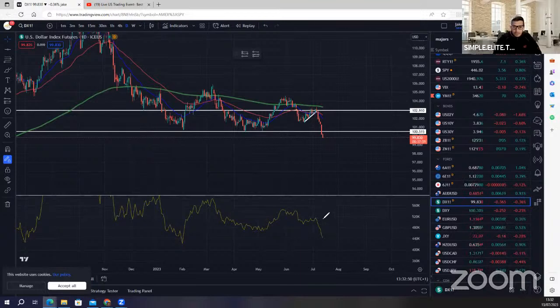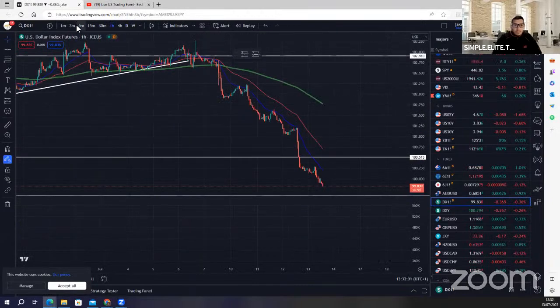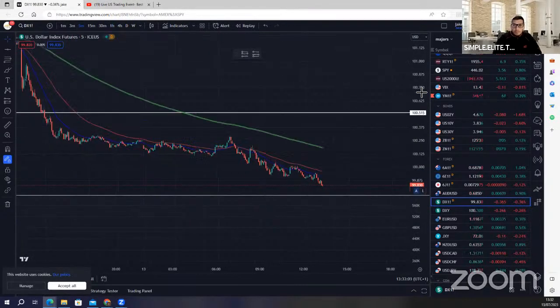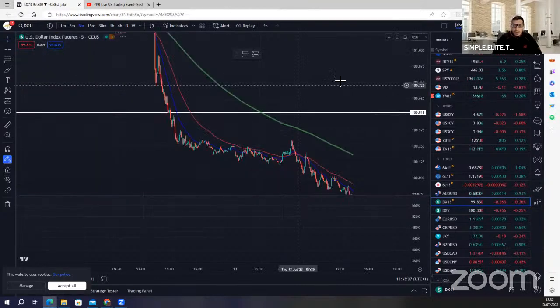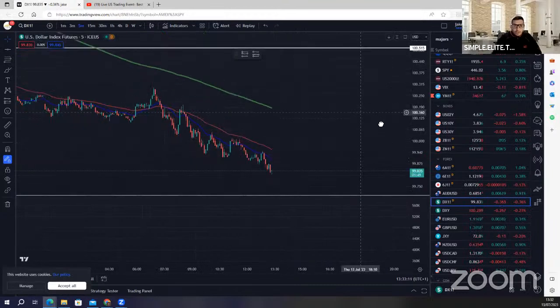As you can see, it is very bearish. So let's drop down the time frame and see the 1 hour time frame, 5 minutes time frame. At the moment, there is not much reaction to the news.